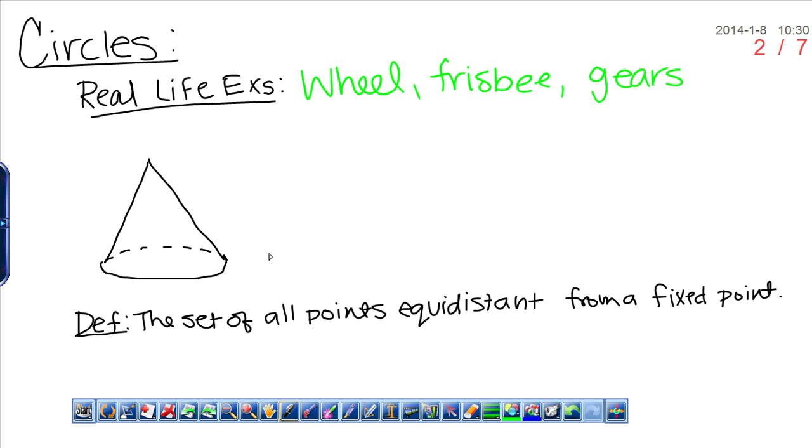All right, so here's my cone. How do I intersect this cone in order to create a circle? A plane that is parallel to the base.